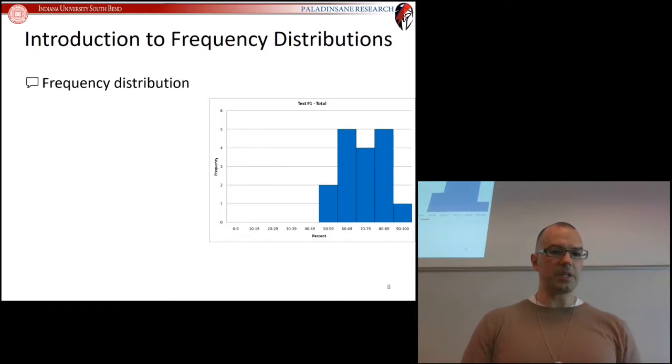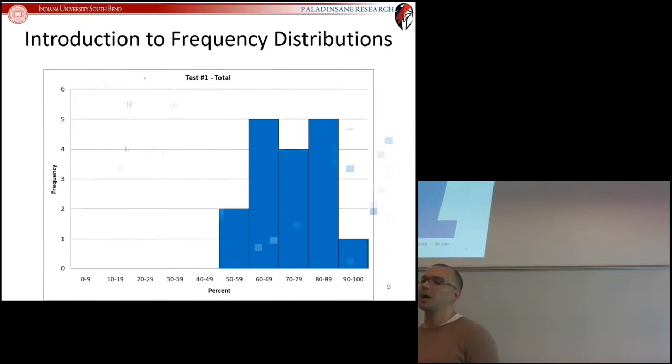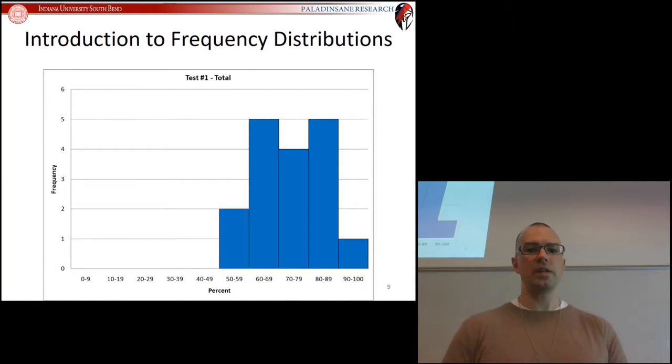A frequency distribution is an ordered listing of the number of individuals that have a particular score for a particular variable. So it's an organized, ordered listing of how many individuals in your sample ended up with a particular score. This is an example of a graph of a frequency distribution, and this is hypothetical data of scores on a quiz.